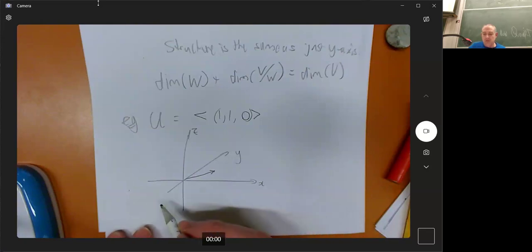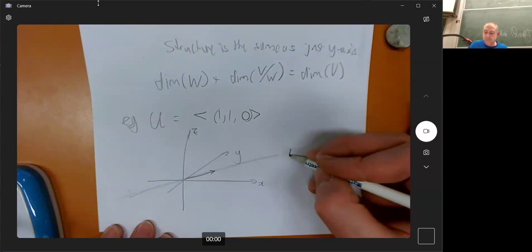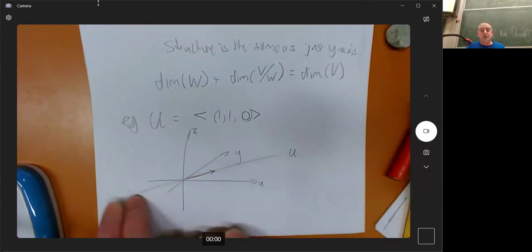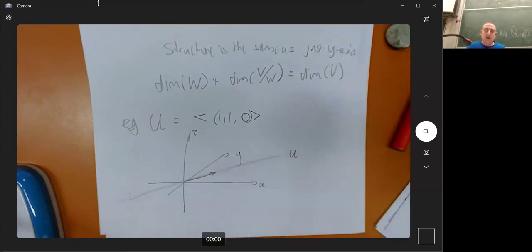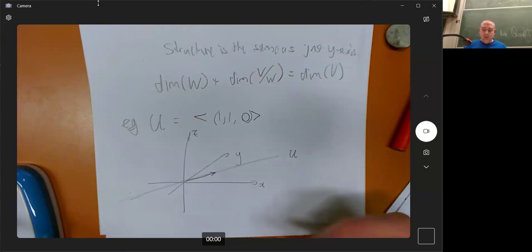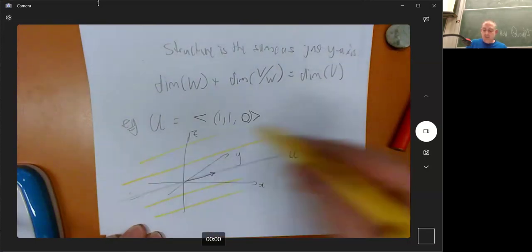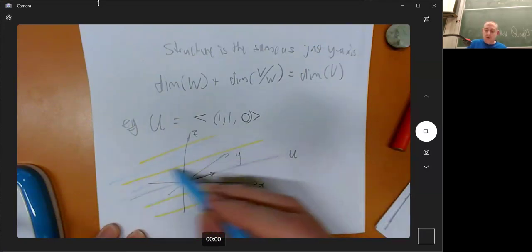And so we get that U is this line. That's 110. This is U. And then the cosets are all the lines that are parallel to this line everywhere through the entire space.